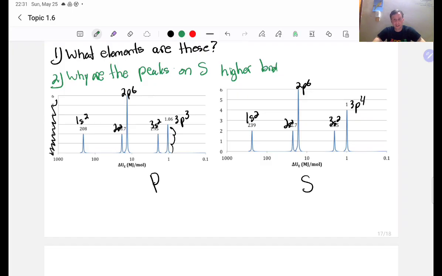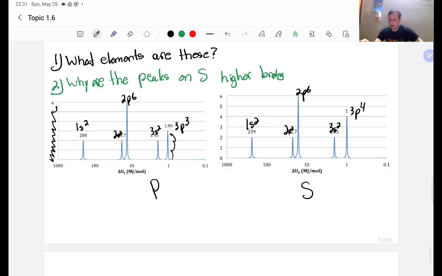Or they could ask you to predict, will the peaks be in the same place or where will they be? Or they could ask, what would 3p4 look like? Draw the 3p4 peak for sulfur, something like that. And you'd have to draw it the right height, and also recognize that compared to this peak here, this peak should have shifted very slightly to the left.